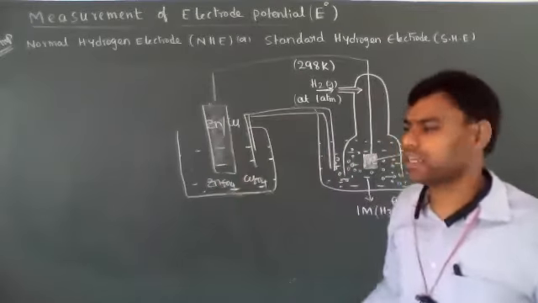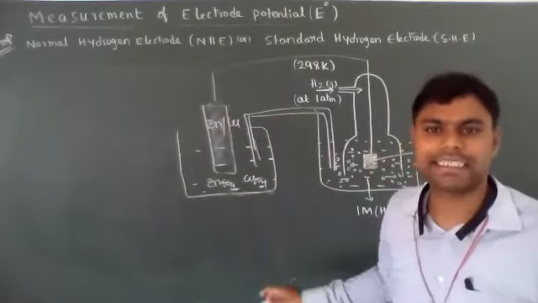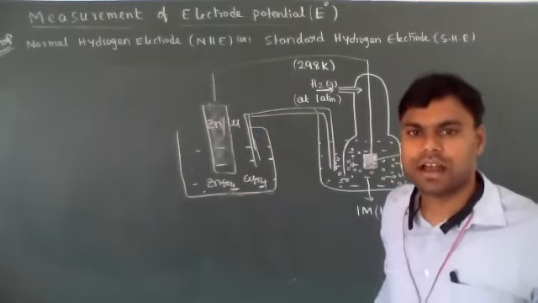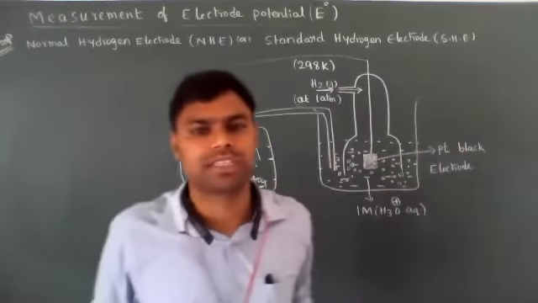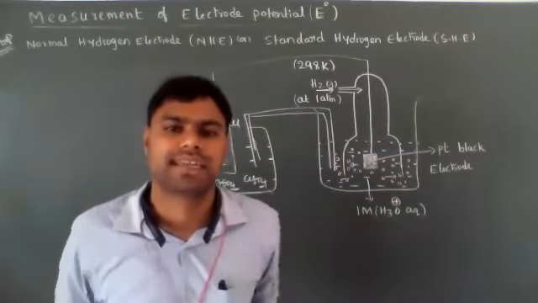Then we get one galvanic cell, and we can calculate its electromotive force. But the single electrode potential can be determined by using the reference electrode.